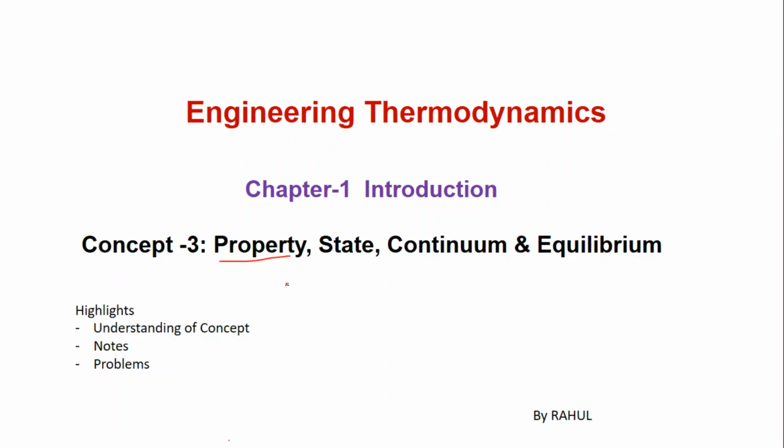So what is the property? We discussed the system, and to describe the system we should know the properties of the system. In very layman language, if we want to describe a person, we tell about him by his name.